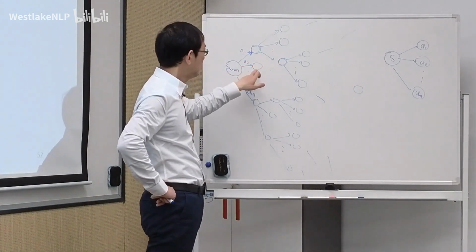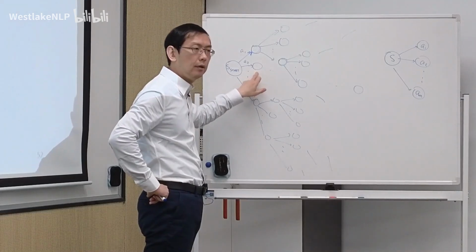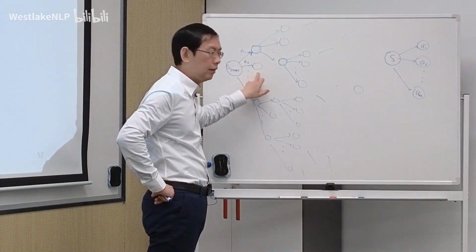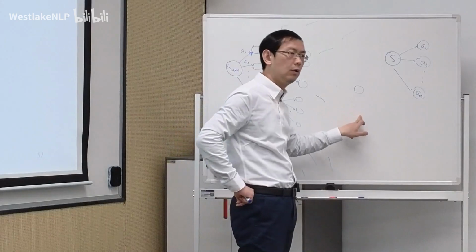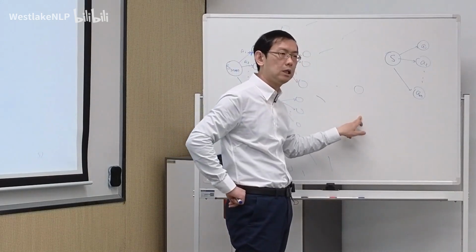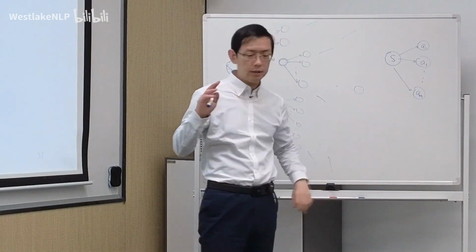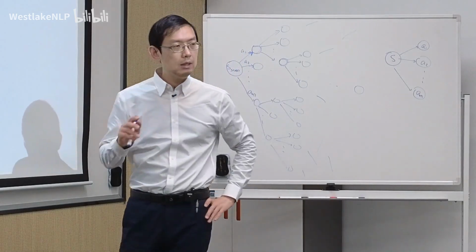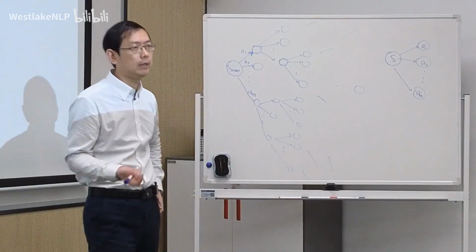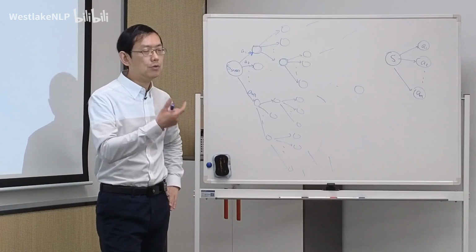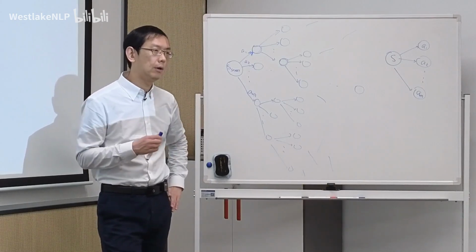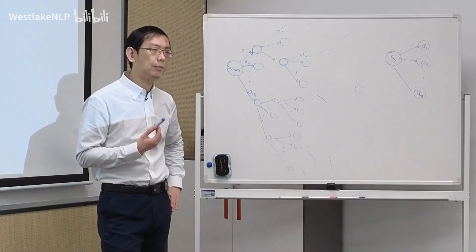If we're incorrect at any step, then the subsequent steps will suffer from error propagation. Because suppose we made "gave" depend on "he", right? Then the remaining structures cannot recover this error. So this is called error propagation.